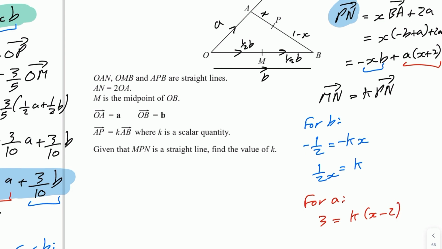I know what k is, so that's just going to be 6x is equal to x plus 2, which means 5x is equal to 2, which means x is equal to 2/5. So this is 2/5, this is 3/5. So it's saying AP is some number times AB, and that essentially is what that is for k.